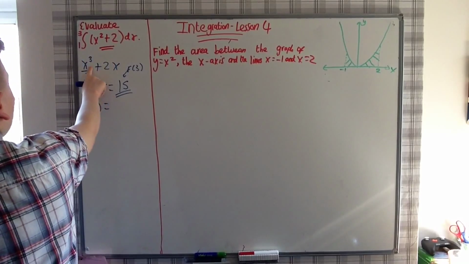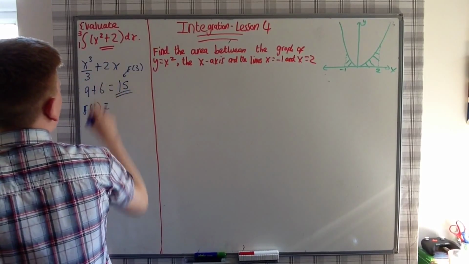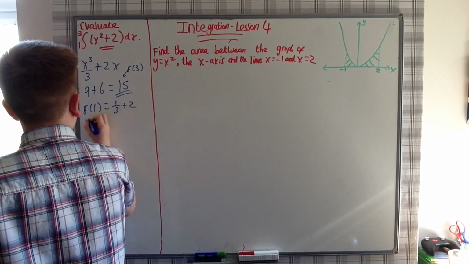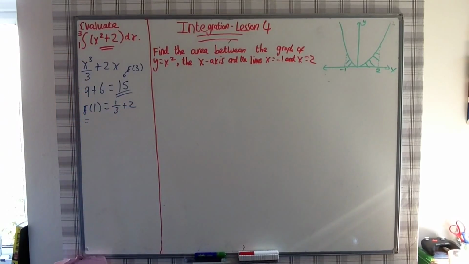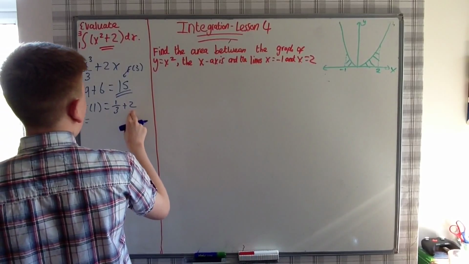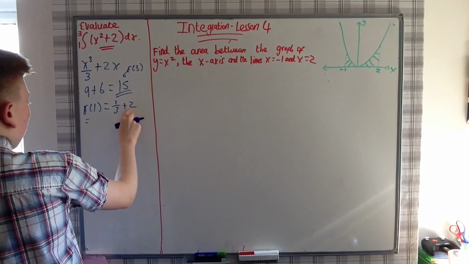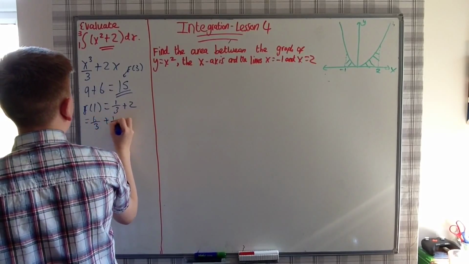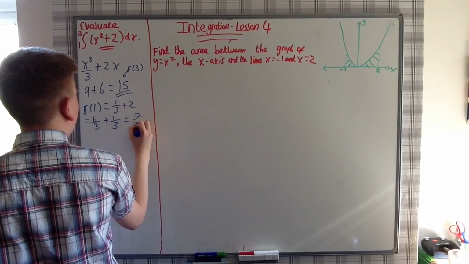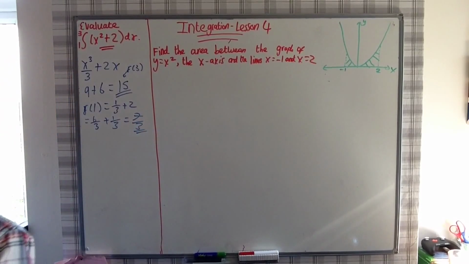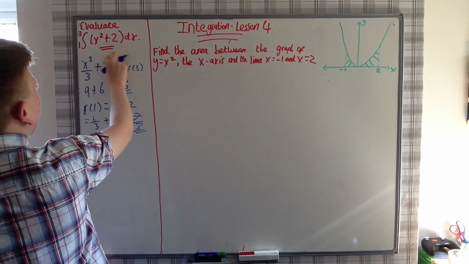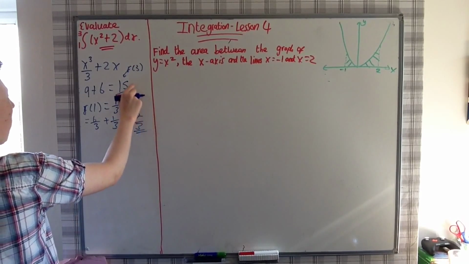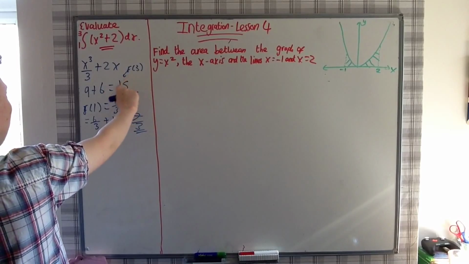1 cubed is 1, divided by 3 is a third, plus 2. So a third plus 2 gives us, well, that's 6 over 3 plus 1 over 3, which is 7 divided by 3. Okay? So to find the answer, all we have to do is subtract this from what we calculated to be our upper limit value, which is 15.